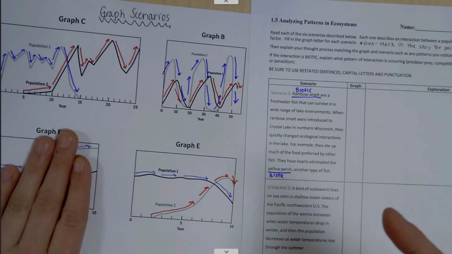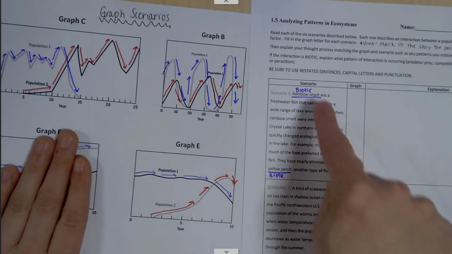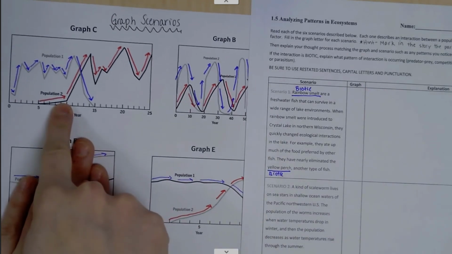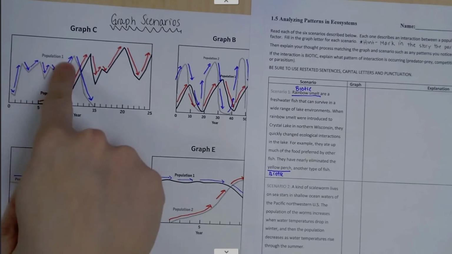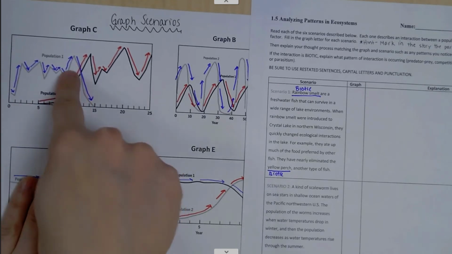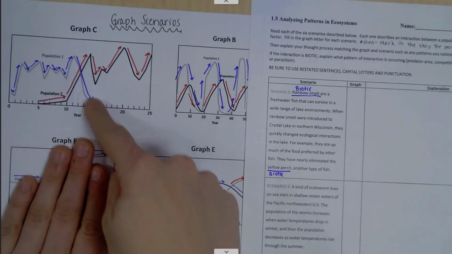But then all of a sudden they sharply decrease because this rainbow smelt was introduced. Well, if I'm looking at population or graph C, okay, so this could be my yellow perch, and then maybe this is when the rainbow smelt were introduced, which caused the yellow perch to decrease.